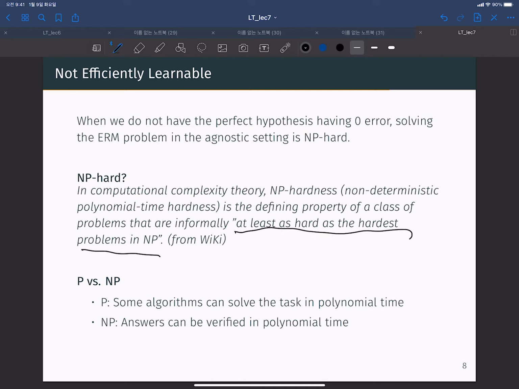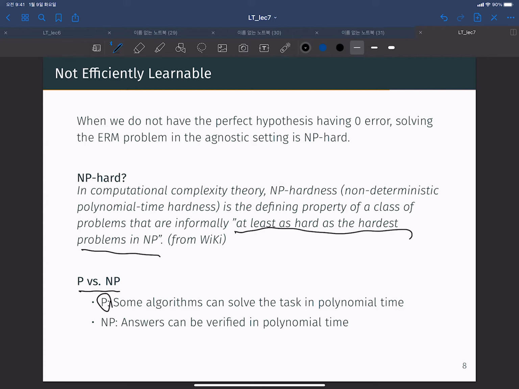And then the question is, what are P and NP? The P versus NP problem is a long-standing key question in theoretical computer science. A P problem is one where there exists some algorithm that can solve the task in polynomial time.